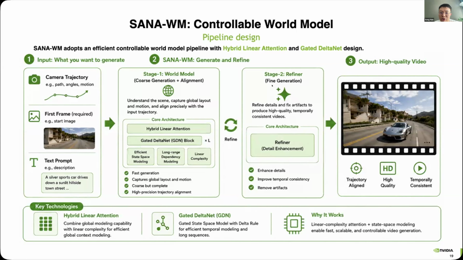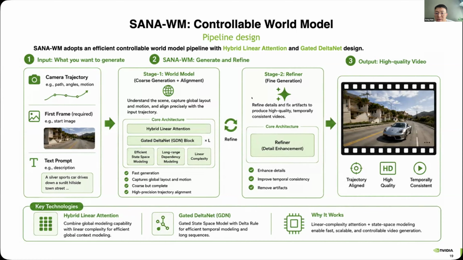With the second stage, we have a refiner to further support the finer generation. So it can refine the details and fix the artifacts to produce high quality, temporally consistent videos. It can enhance the details, improve the temporal consistency and remove artifacts.